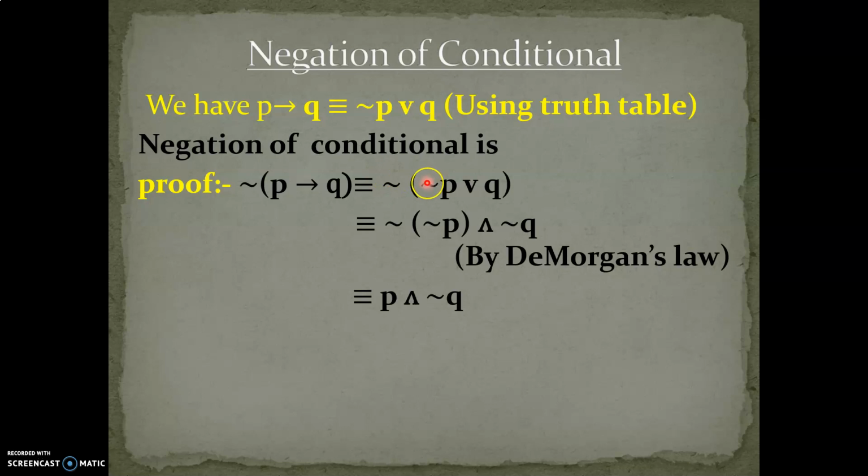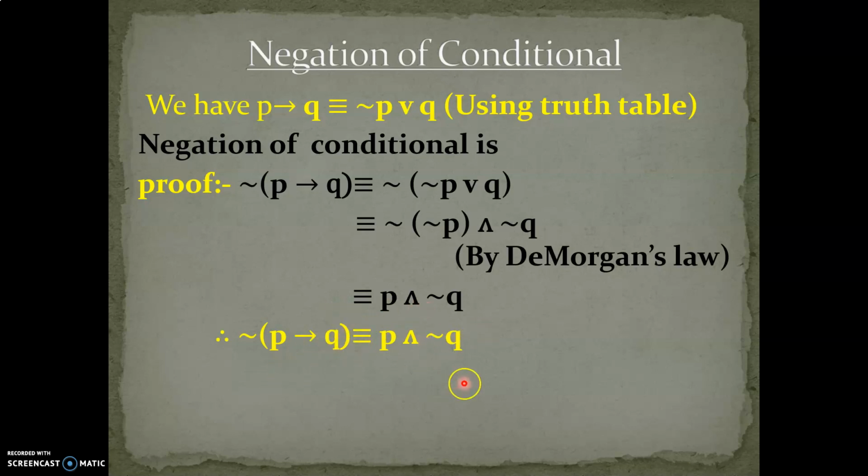So negation of negation P or Q. We all know that negation of negation P and negation Q. You will apply negation to both the statements by using De Morgan's law. So I have applied that here. Now negation of negation P is P and negation Q as it is. So negation of conditional statement P implies Q is equivalent to P and negation Q.